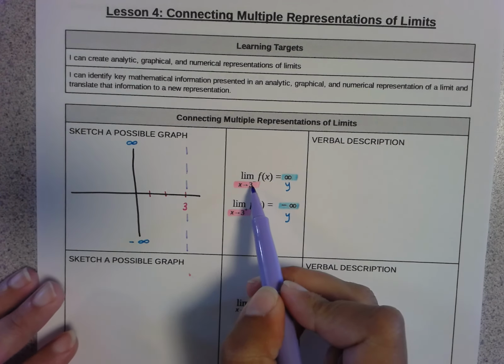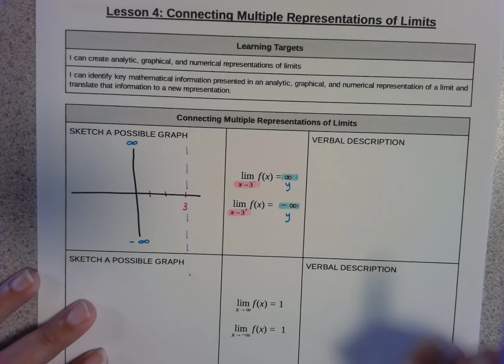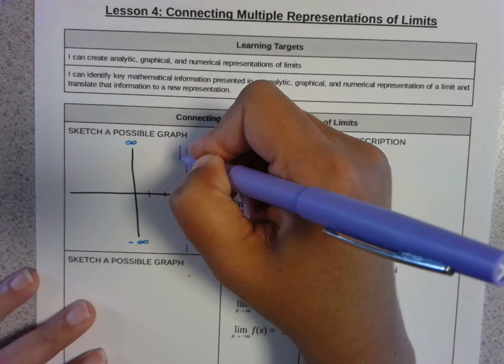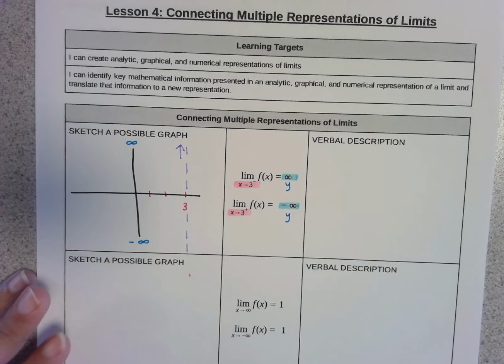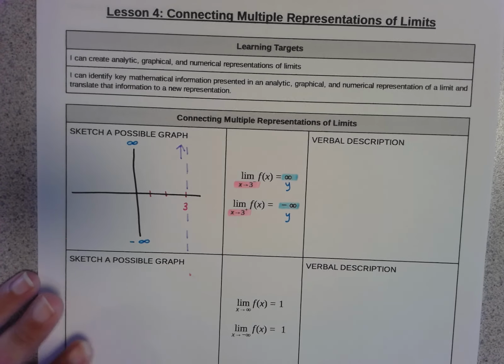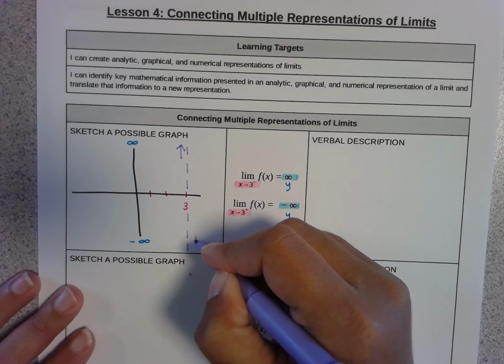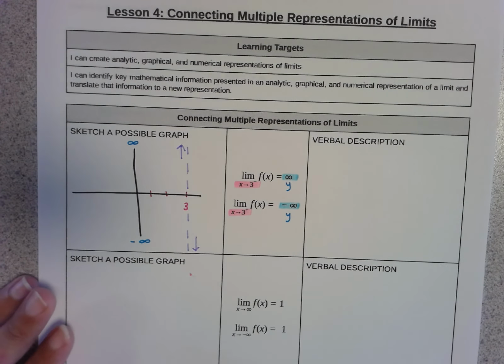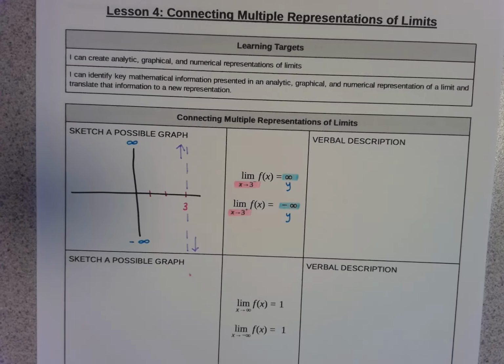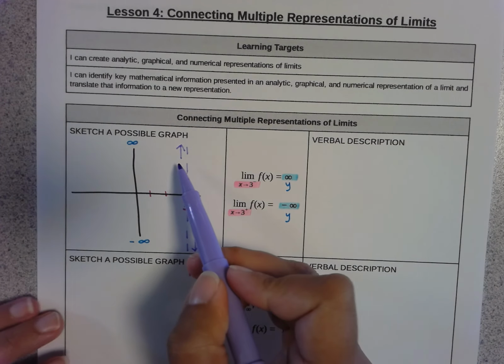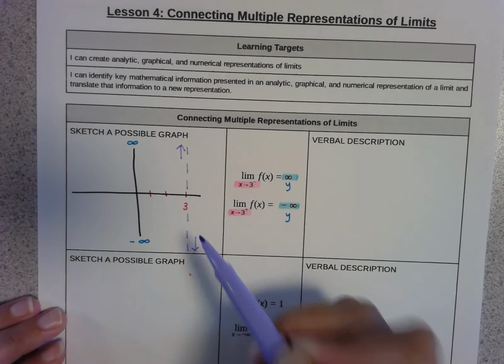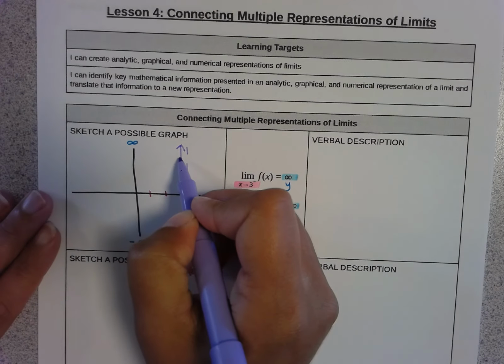Now, because from the left side I go towards positive infinity, it tells me my graph needs to go up on the left side of the asymptote, and from the right side, my graph goes to negative infinity. It tells me my graph needs to go down on the right side. Other than that information, we can really make the graph look however we want.